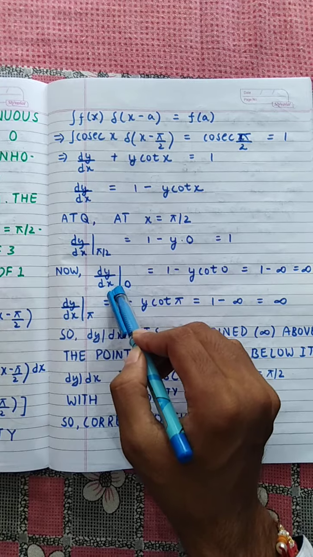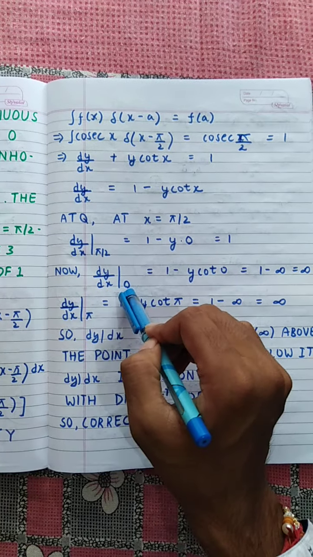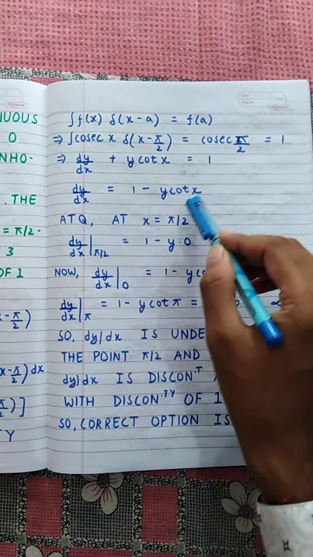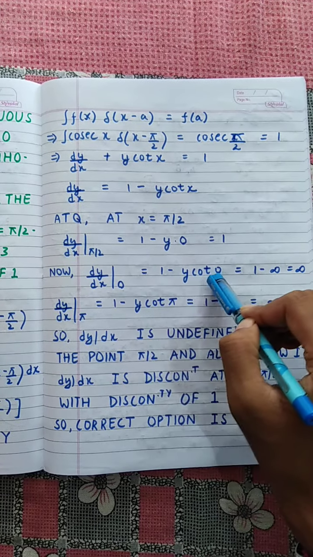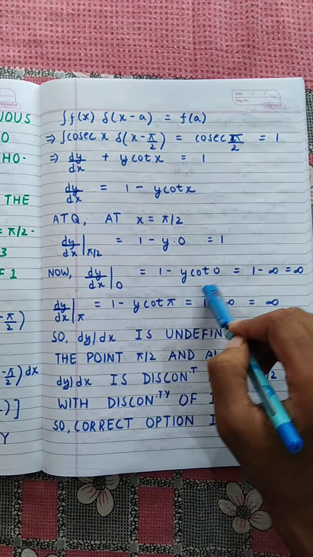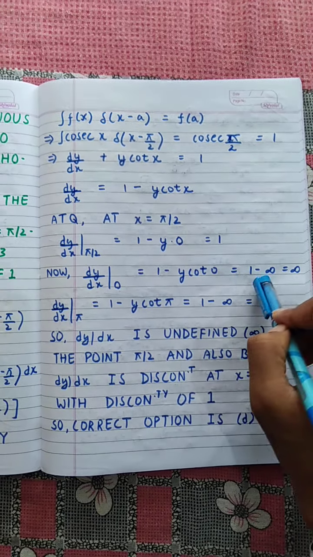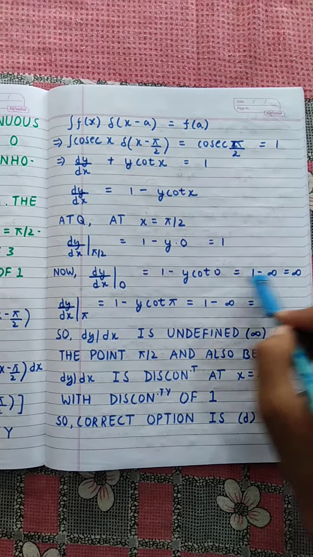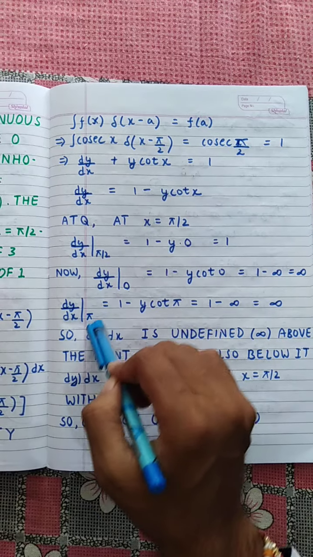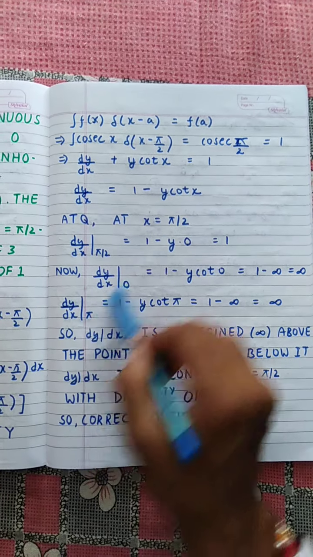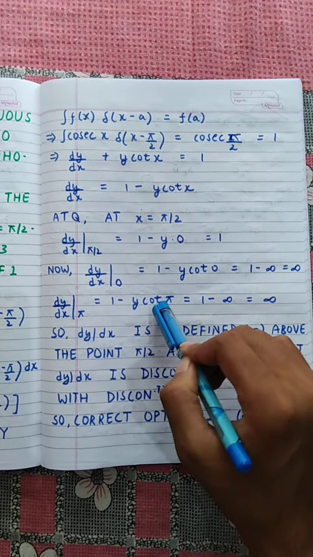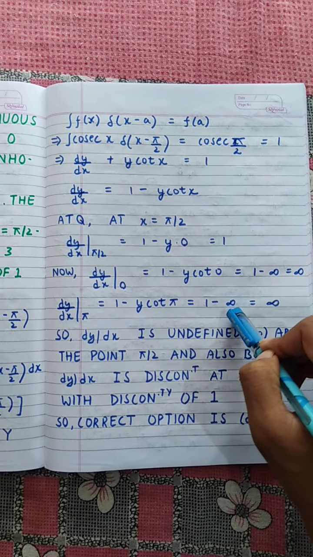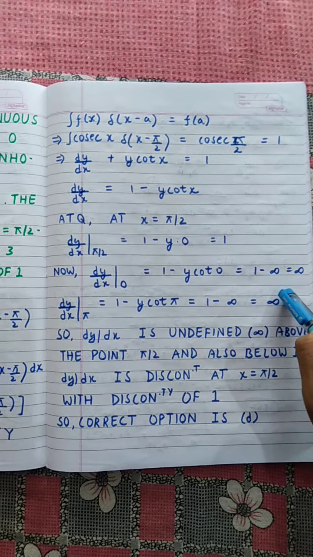Now again we obtain dy/dx at the point x equal to 0. We replace x by 0, so 1 minus y cot 0. Cot 0 is infinity, so this is infinity. Now again dy/dx at another point x equal to pi: we replace cot x by cot pi, 1 minus y cot pi. Cot pi is again infinity, so we obtain infinity.